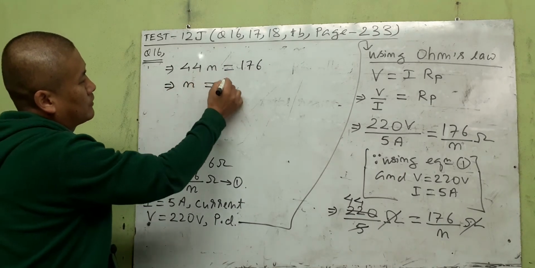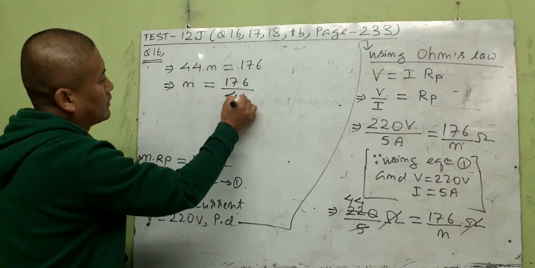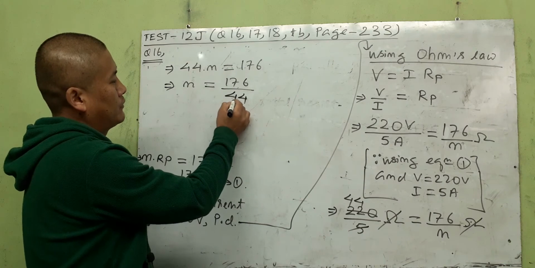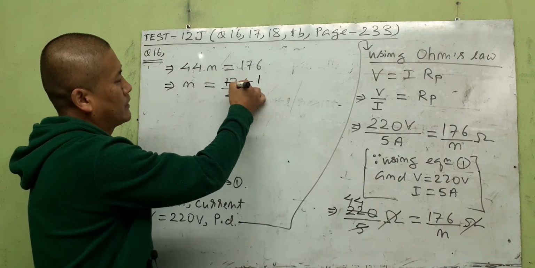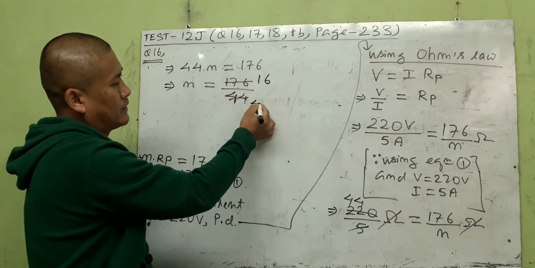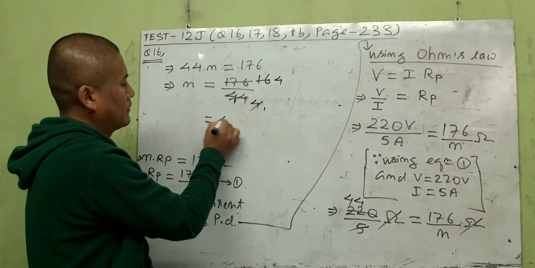So n equal to 176 into, this 44 will come to the denominator, so 11 will go, I think. 11 4s are 44, 11 1s are 11, 6 remains, so combined with the 6, 66, 6 6s are 66. So 4 1s are 4, 4 4s are 16, so 4 numbers.